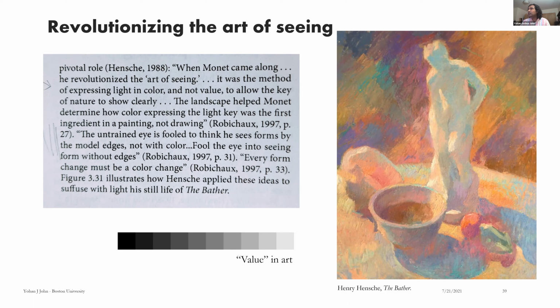The untrained eye is fooled to think he sees forms by the model edges, not with color. Fool the eye into seeing form without edges. That particular type of fooling is what in the late 19th century came into prominence. They sort of present it as something that you ought to do, but it's more like something that you can do to produce certain effects.